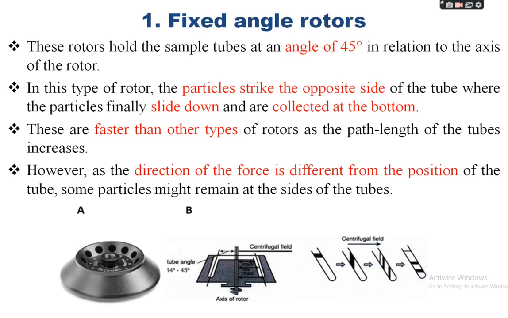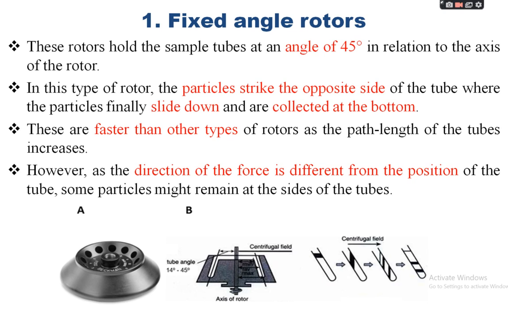These rotors are faster than other types as the path length of the tubes increases, so we can gradually, step by step, increase the rotating speed. However, as the direction of force is different from the position of the tube, some particles might remain at the side of the tube.